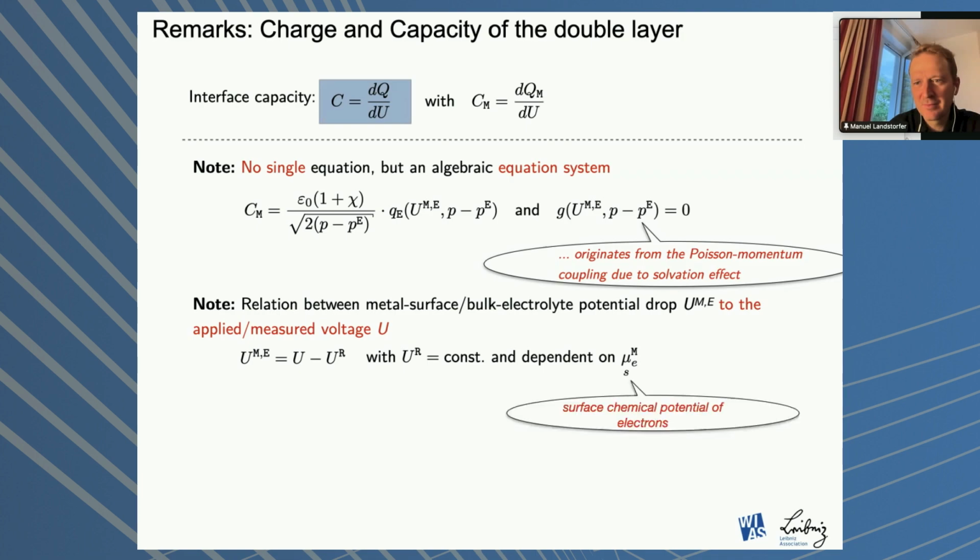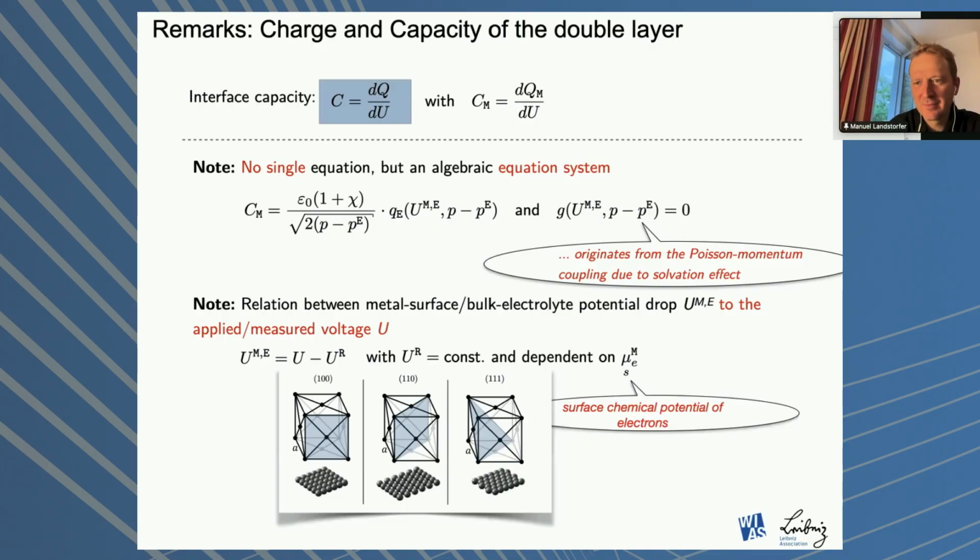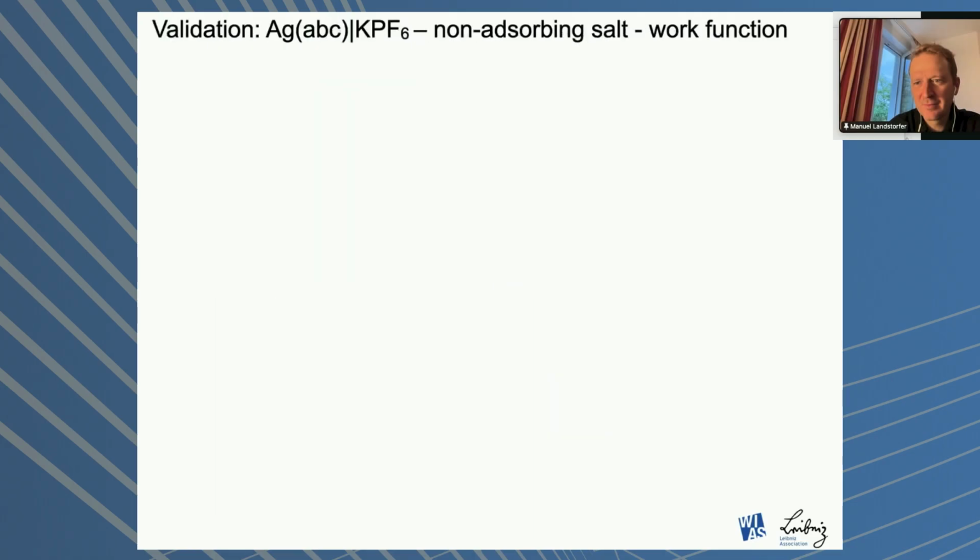And this is important because, as we'll see in a second, the surface chemical potential of electrons depends on the specific metal surface orientation. So for a 100 surface, you will have a different value than for a 111 surface. And for work functions, this is well known.